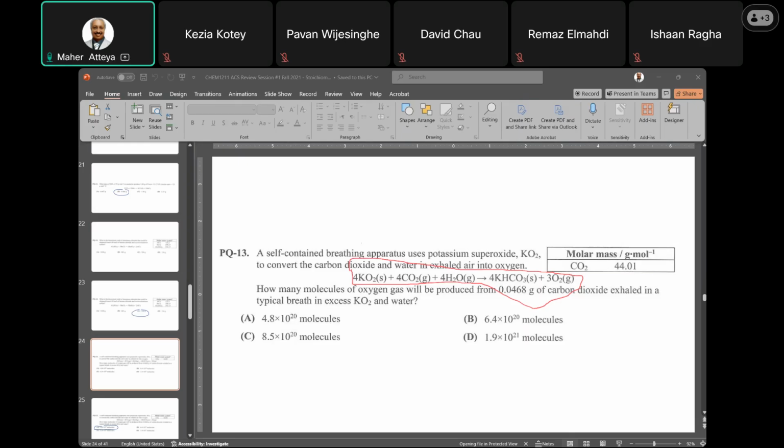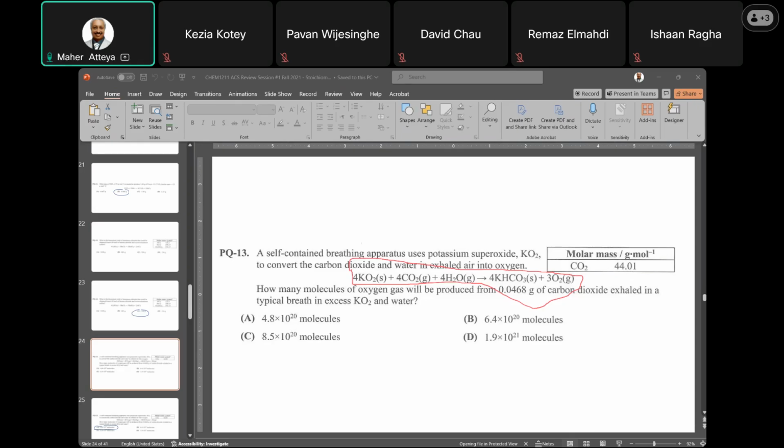Is it double displacement or decomposition? What can you tell? Decomposition reaction: one single molecule will be decomposed into two or more molecules or elements.